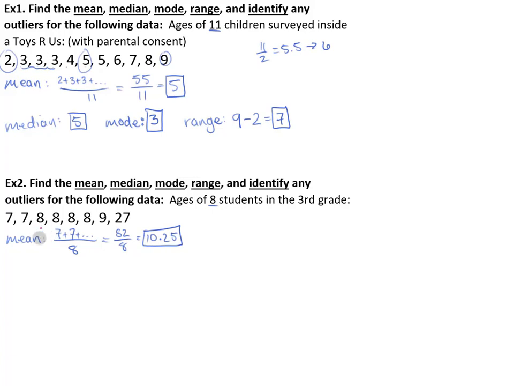What about the median? Now, because there's 8 pieces of data, there is no exact center. So in this case, if it divides nicely like that, then we want to go to the 4th and the 5th terms, and find halfway between them.